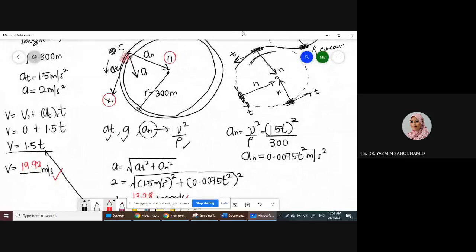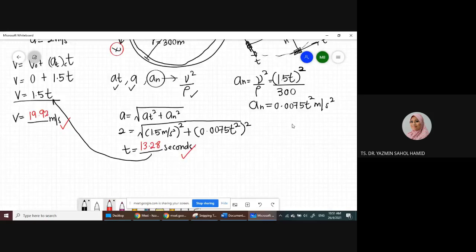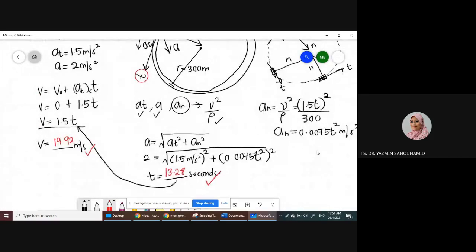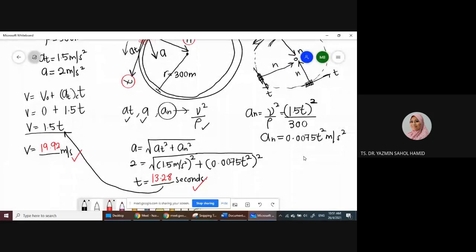Okay, I'm going to give you one more exercise for you to do. I will give you the answer, but you will need to do it. Those who are still calculating, make sure you use your calculator until you get the right answer, because there's a square root and a square, you might miss a few things.